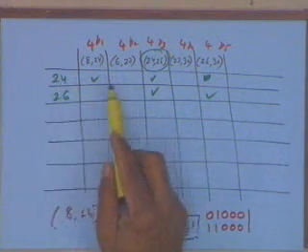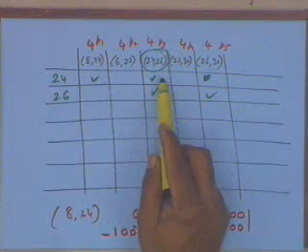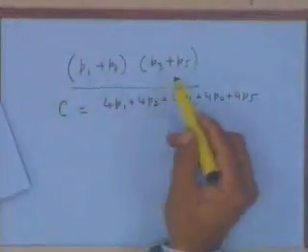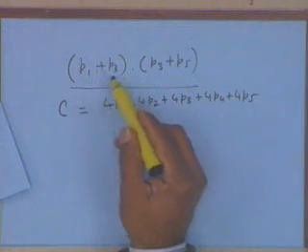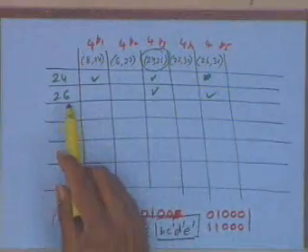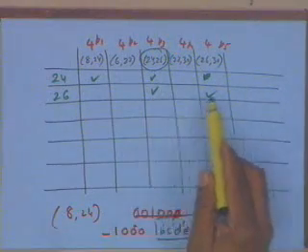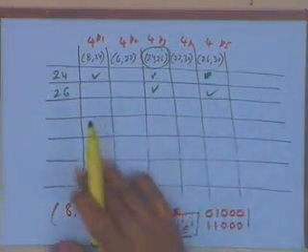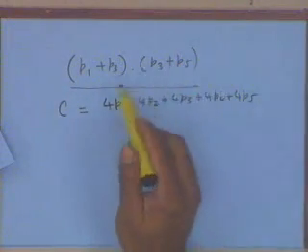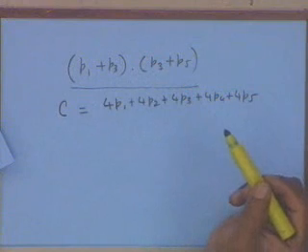So 24 is covered by P1 and P3. Because I have to cover each of the minterms, I can write my expression in this form, P1 plus P3. Either P1 has to be present or P3 has to be present. When I consider 26, 26 is covered by both P3 and P5. So either P3 has to be present or P5 has to be present. Of course, I need both of them.